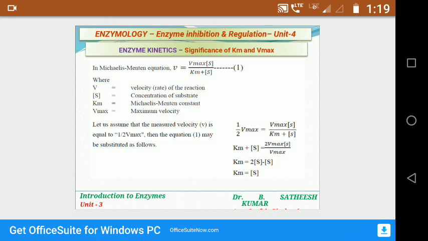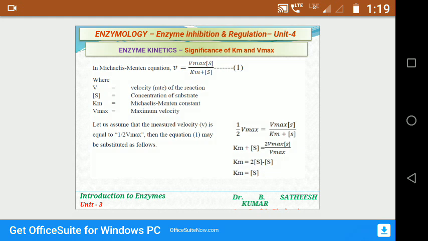We know the substrate concentration which we are adding to the enzymatic reaction, and we can find out the Vmax also. We can measure the Vmax, because at a very excessive amount of substrate concentration, the enzyme will reach Vmax.